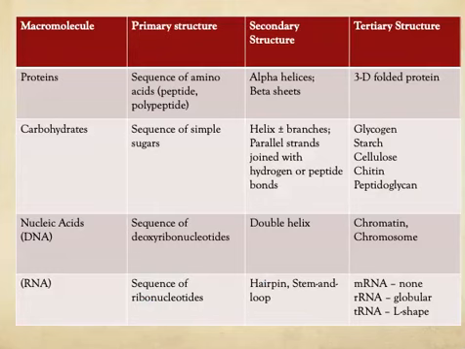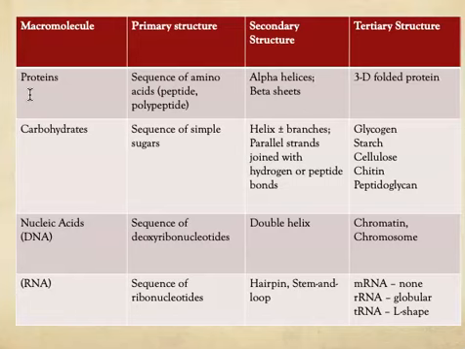To finish up today, I've included this table in your slide set so you can review the 4 macromolecules and their 3 levels of structure. Remember, how something is structured is going to impact the job that that thing can do in a cell.